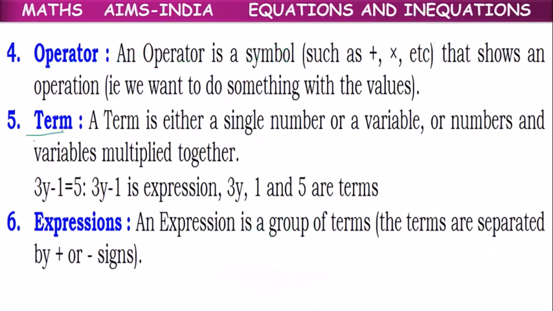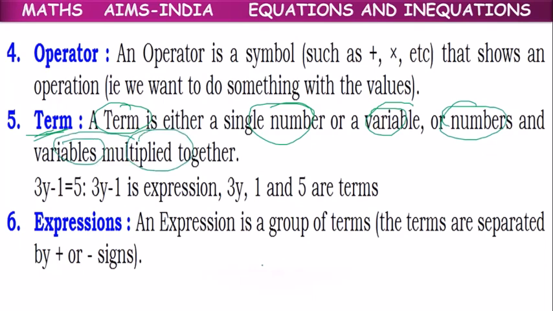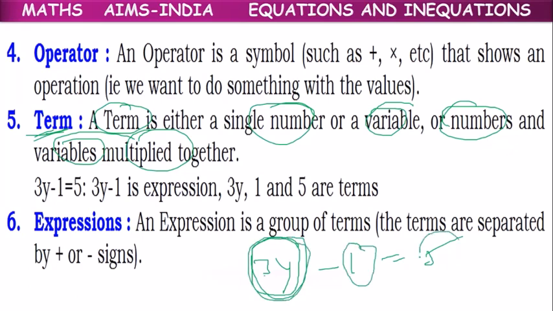Next one, term. A term is either a single number, or a variable, or numbers and variables multiplied together. In 3y minus 1 equals 5, this 3y, a combination of variable and coefficient, is a term. 1 is a term, 5 is a term.